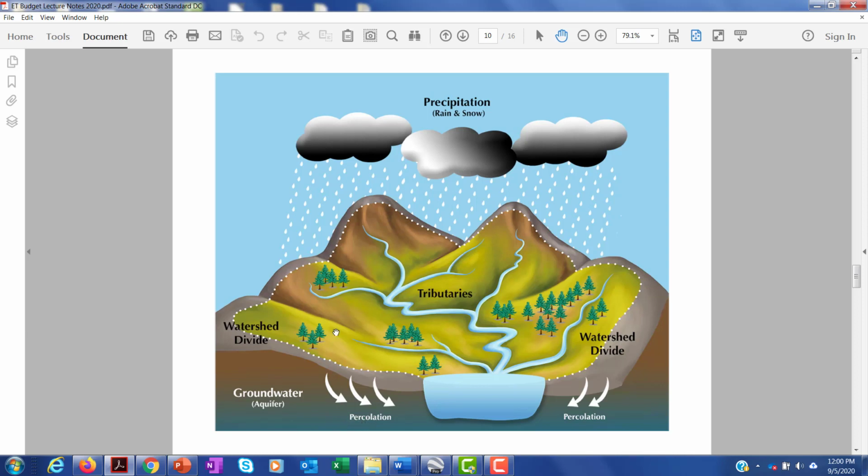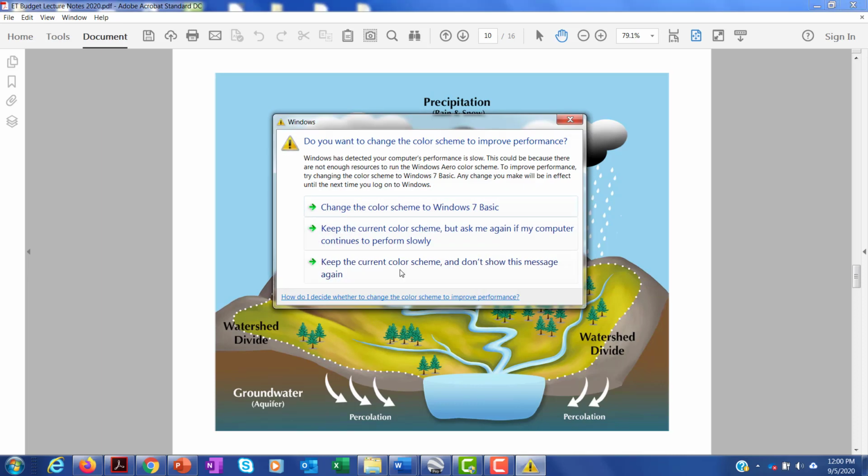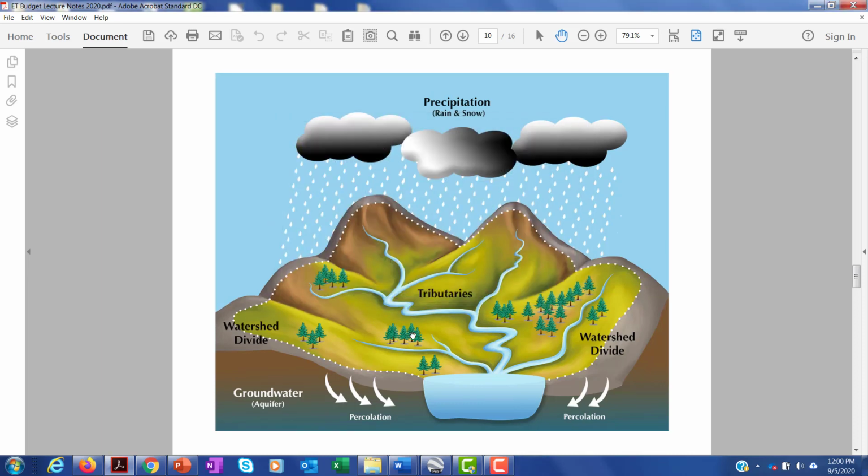Now how much is left for the rivers? And maybe a quarter of that water that fell got lost, taken up by plants, and transpired away. So it'll be very simple, but just a little bit more detail in the water budget for a watershed. So stay tuned on that.